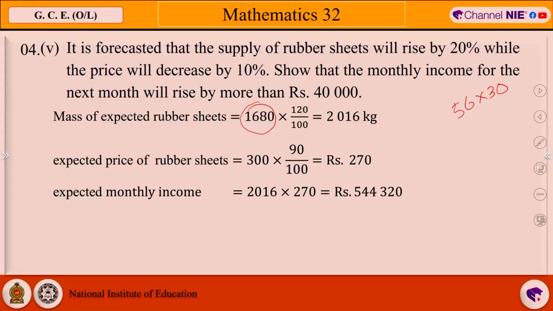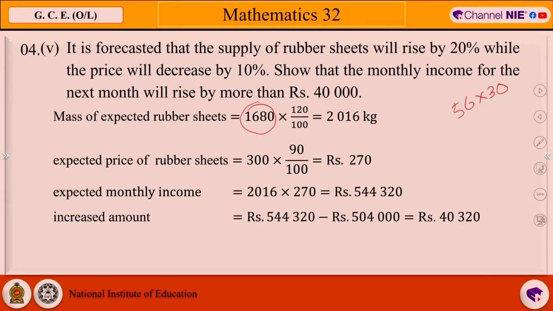Once you got this 544,320 rupees, you can get the difference of the earlier amount and the new amount, that is the increased amount in the income, which is 40,320 rupees. Now, we know that this is greater than 40,000.